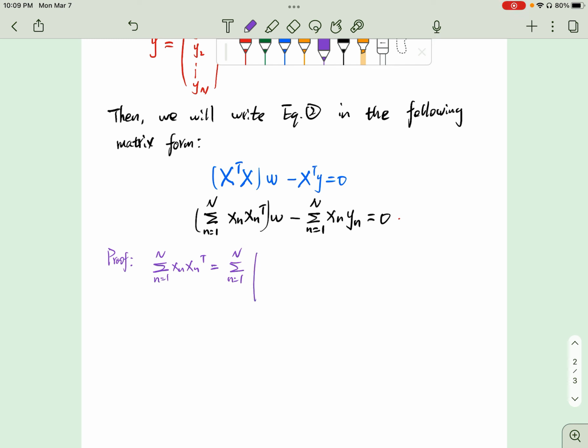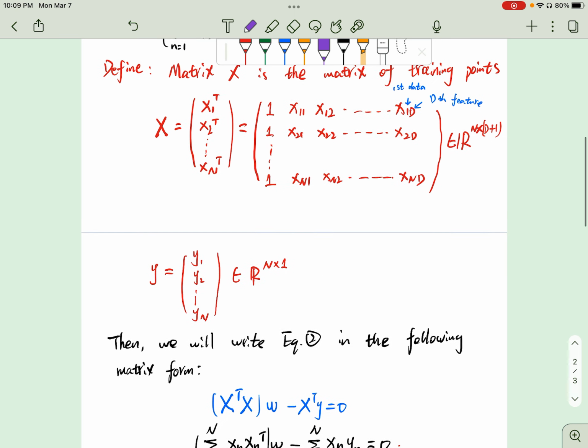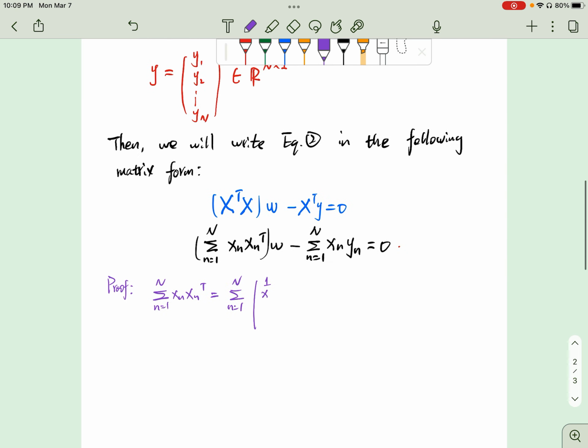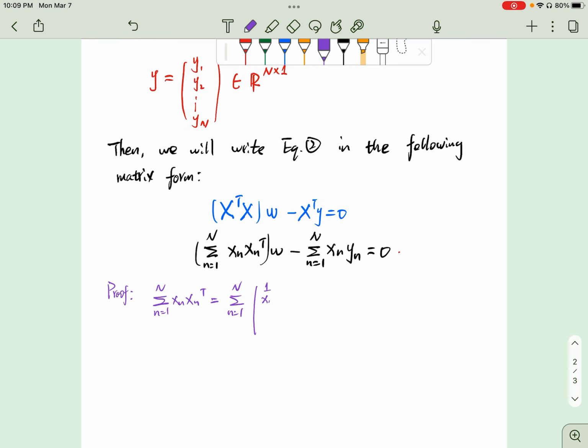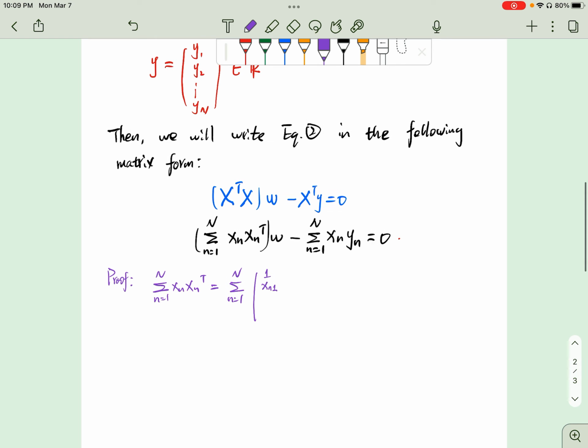So this feature vector is like this: 1, xn1, xn2, and so on up to xnd, because n is a variable.